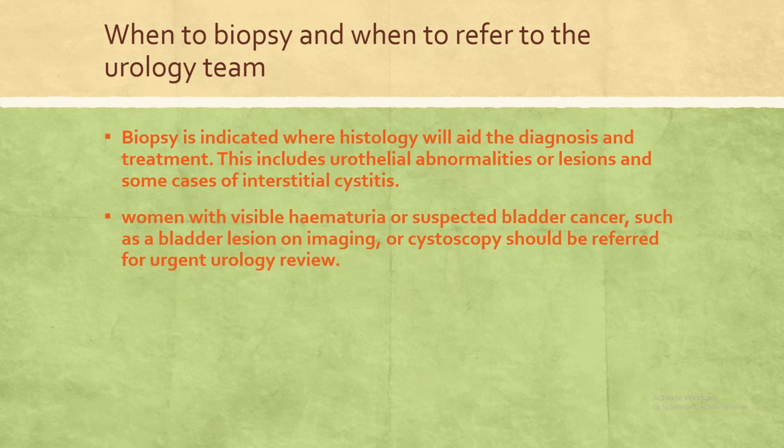But whenever you are suspecting any cancer, suspected bladder cancer, visible hematuria, or cystoscopy suggests that it is a suspected cancer, then you should directly refer this patient for urgent urology review, and you should not take the biopsy in such cases. So, suspected cancer and visible hematuria, you are going to send this patient to urology review, while you can take the biopsy in case of interstitial cystitis or any minor abnormalities.